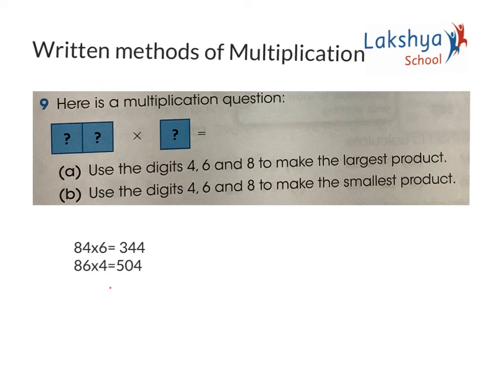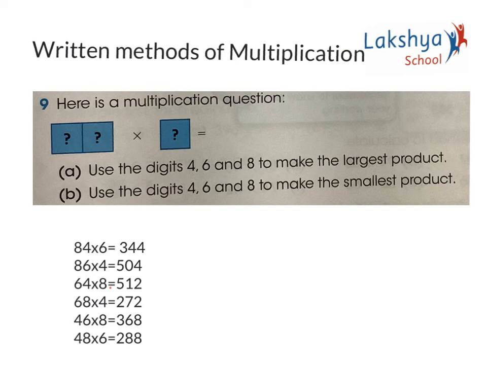Now next I choose the second largest number, that is 6. 64 multiplied by 8 gives me 512, and 68 multiplied by 4 is 272. 46 multiplied by 8 gives me 368, and 48 multiplied by 6 gives me 288.